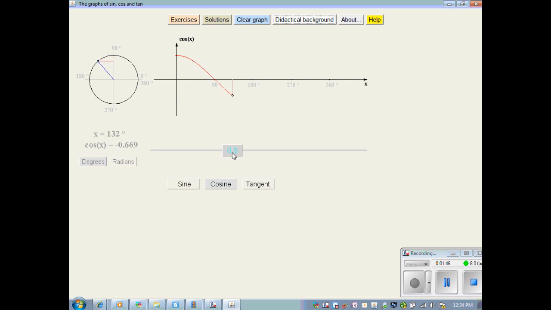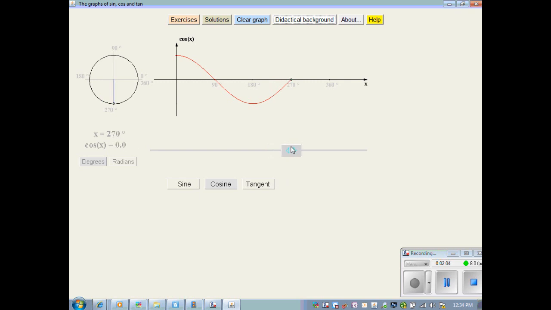Through quadrant 2, my x values become negative, and when I get to the cosine of pi, or 180 degrees, I'm going to be at negative 1, the lowest value in my function. And I continue to quadrant 3, I'm still negative until I get to 270 degrees.